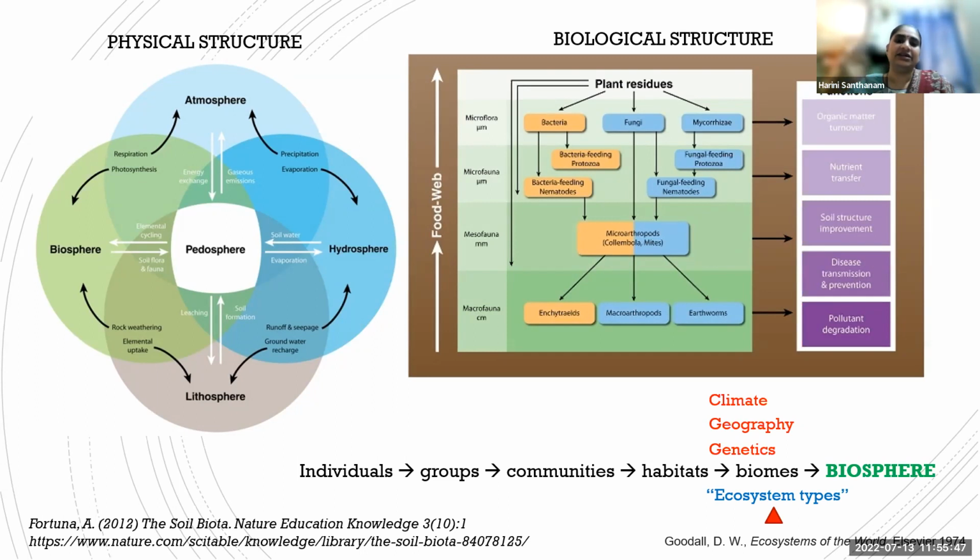We have rainforest, we have temperate tropical forests. So these are temperate forests, tropical forests, rainforests, evergreen forests. These are all specific biomes, and these are all specific ecosystem types which are present on the earth. The collection of all these biomes together constitute our biosphere, along with, of course, the physical processes that we are aware of.